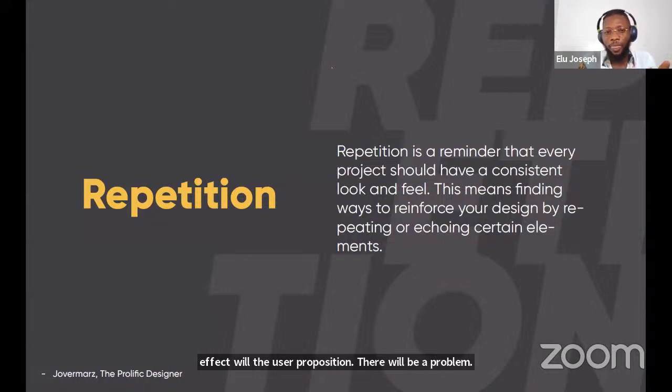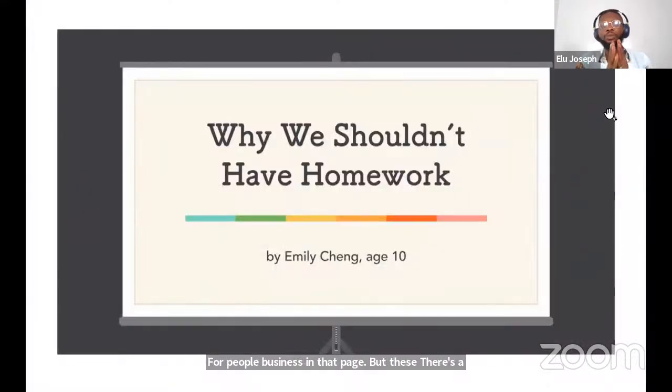But if there's a perfect use of repetition, like for instance, now, looking at this design, you see the sort of rainbow-like line over there, right? The rainbow-like line over there is on this first design.